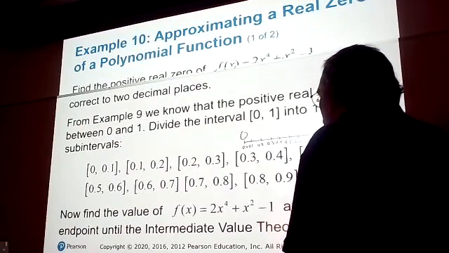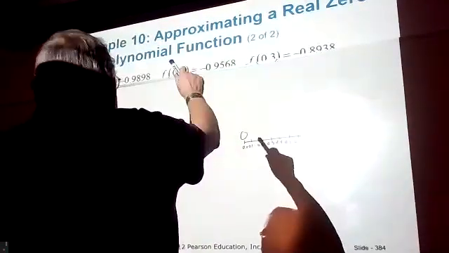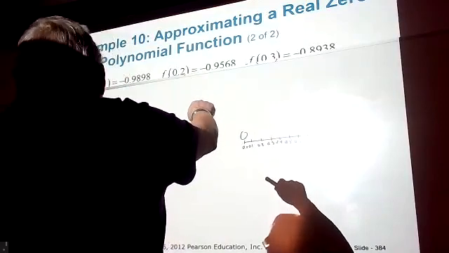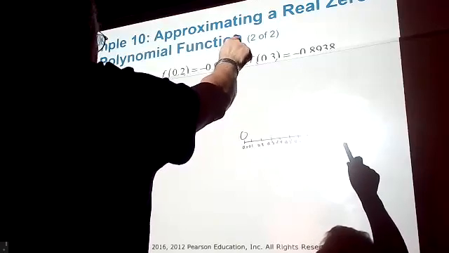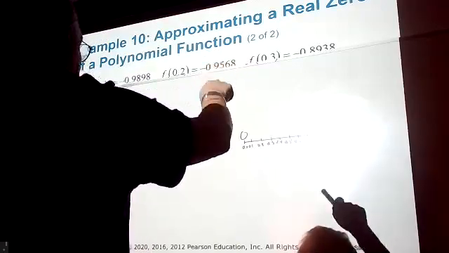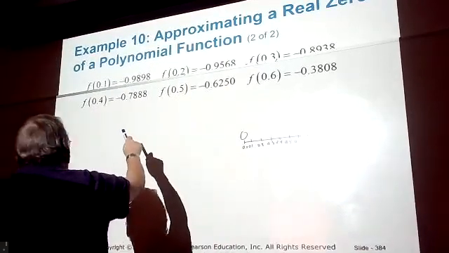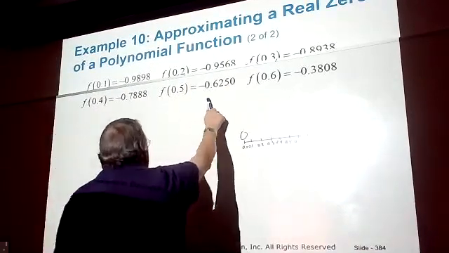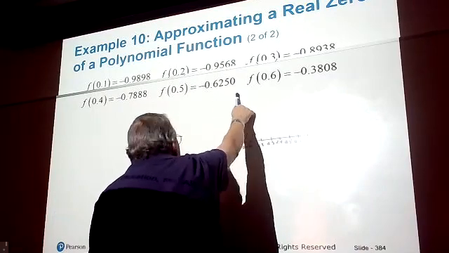So at 0.1 it's negative, 0.2 it's negative, but does not exceed. Now they're moving up. They're getting closer to 0. At 0.4, and then 0.5, well, it's getting way closer to 0 now.